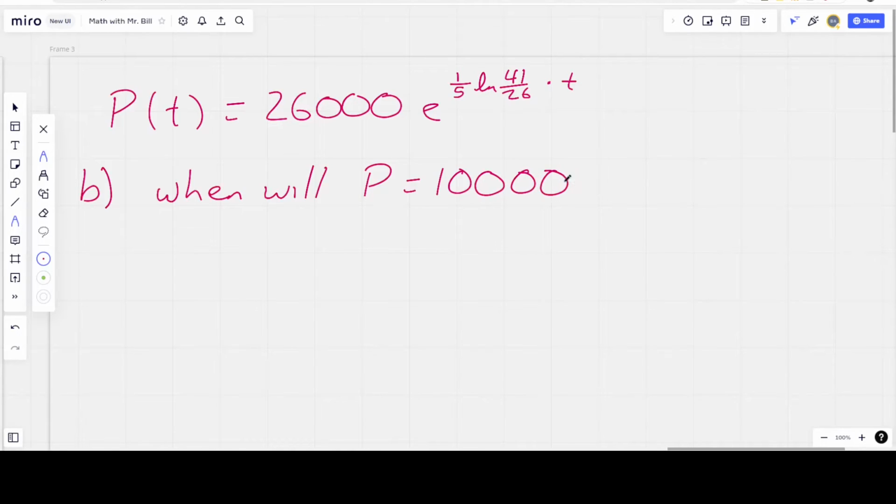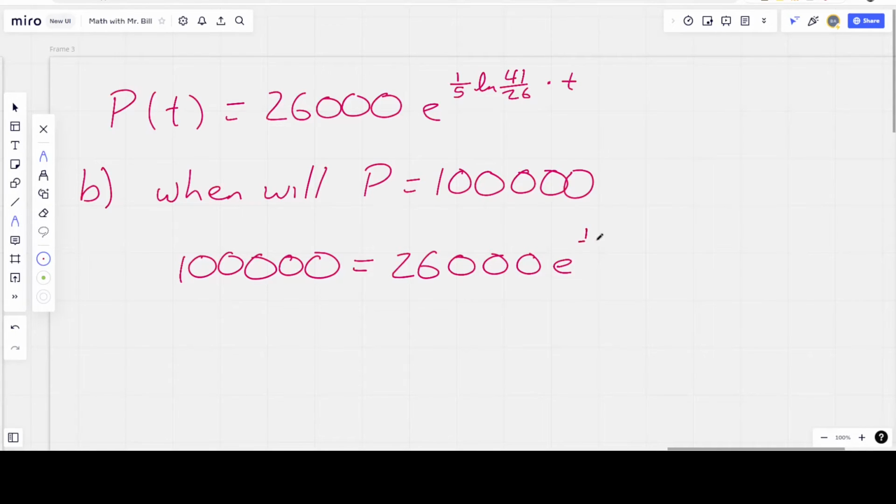So this tells us the population we want, but we need to figure out the time. Well, plug in 100,000 for P. So 100,000 equals 26,000 e to the 1/5 natural log of 41 over 26 t.